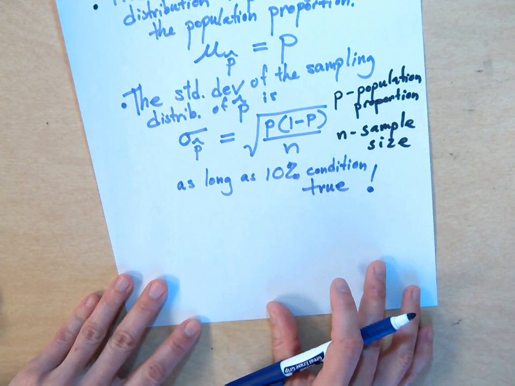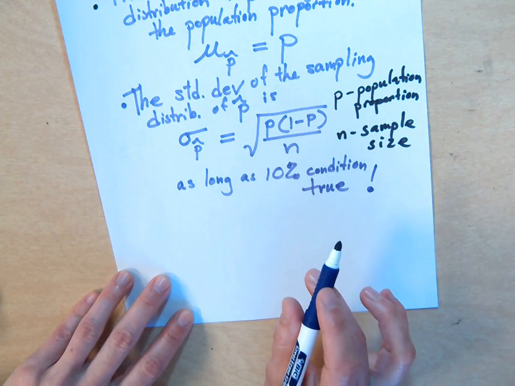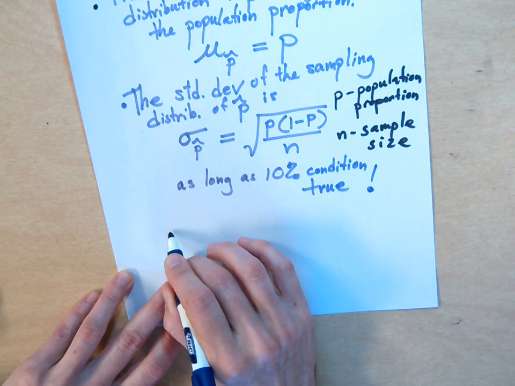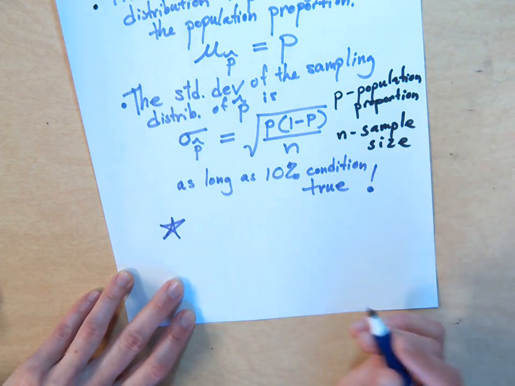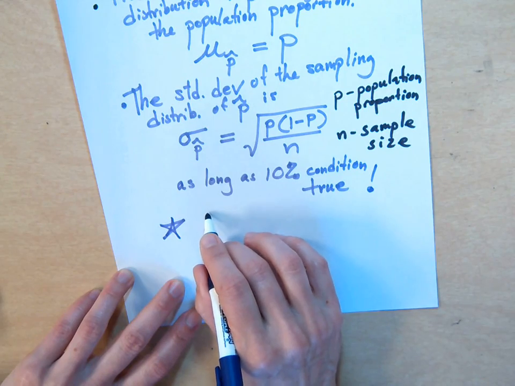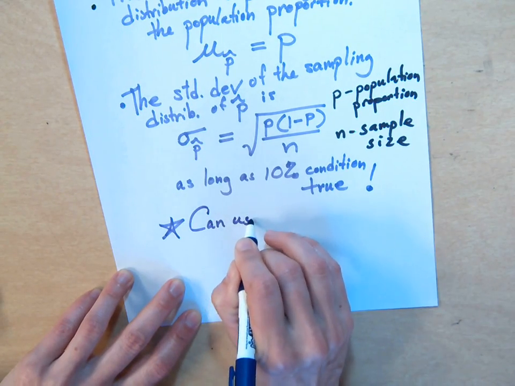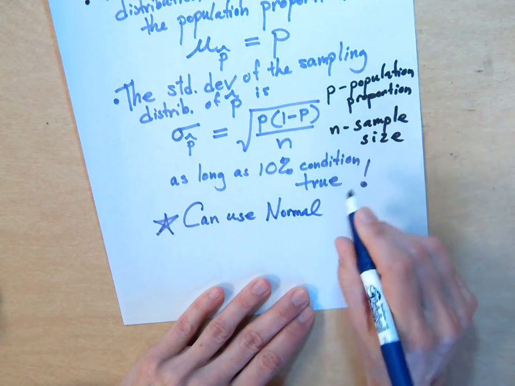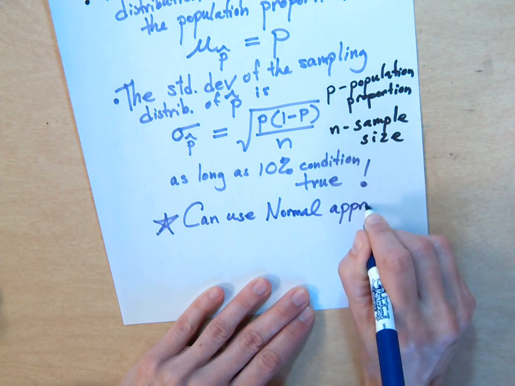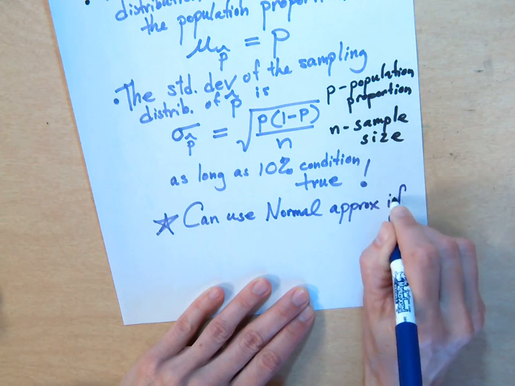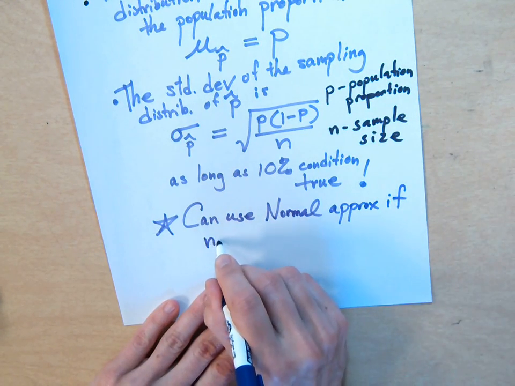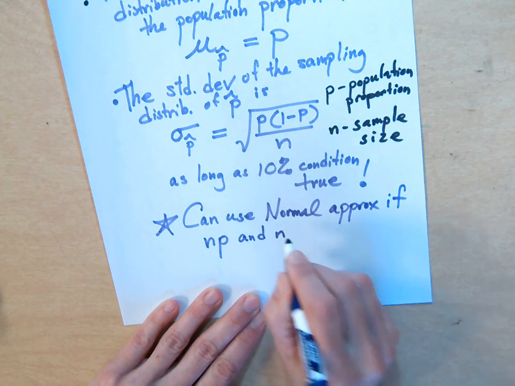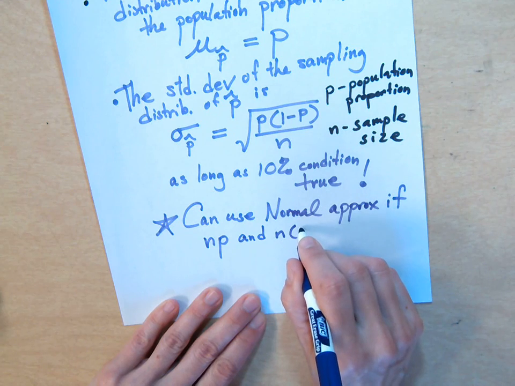And then the last thing is that this distribution will be approximately normal if the normal condition holds. So there's a 10% condition and the normal condition. So you can only use a normal approximation if and only if np and n(1 minus p) are greater than 10.